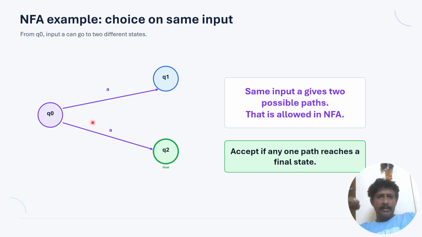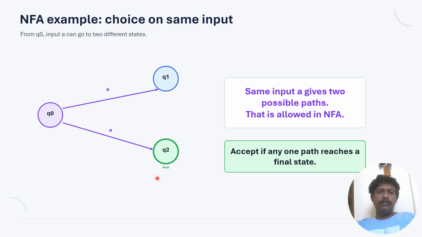Now look at an NFA example. From Q0, for input a, there are two arrows. One arrow goes to Q1 and another arrow goes to Q2. In a DFA this is not allowed, but in an NFA it is allowed. So when the input comes, the NFA can think of both possibilities. One path goes to Q1 and one path goes to Q2.